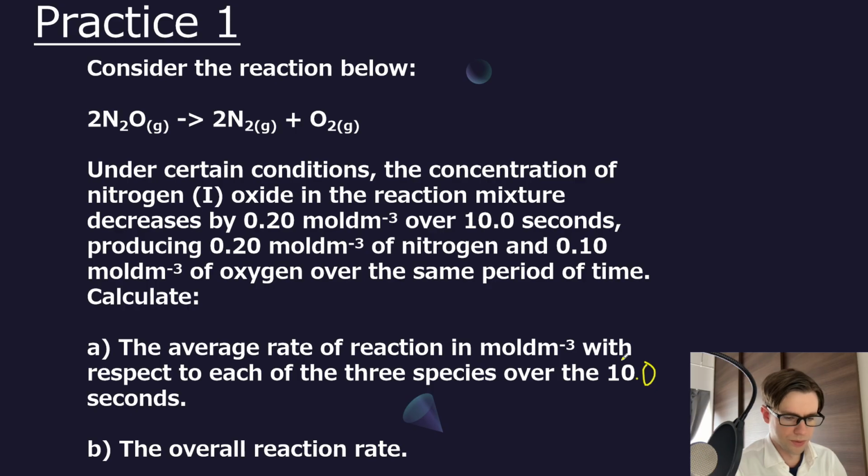So what to do, set up a couple equations, but make sure you label things very carefully. So we want to find the rate with respect to each species. We'll start with N2O, the starting material. So rate N2O is equal to the change in concentration, absolute value, over change in some time period.